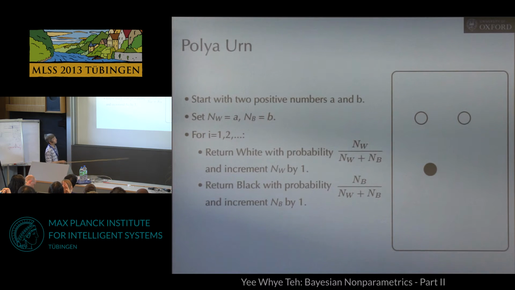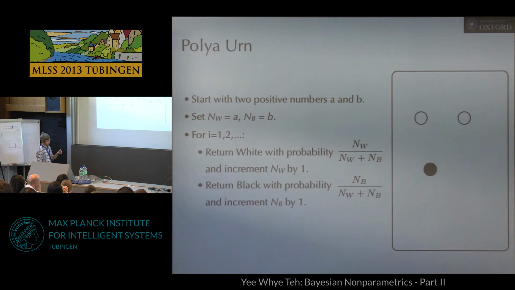Let's imagine that we have, I guess this is not really an urn, but think of this as an urn, like a bottle that contains a number of balls. I have a number of white balls and a number of black balls. The number of white balls is A and the number of black balls is B. What I'm going to do is construct an iterative process as follows.